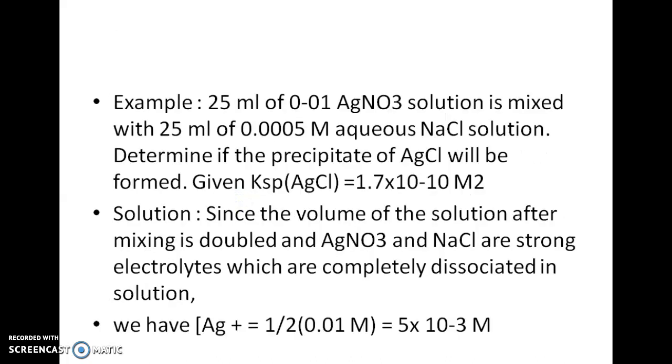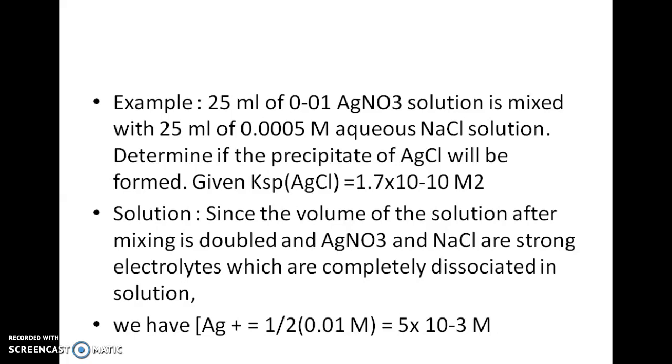Say for example, if we take 25 ml of 0.01 M silver nitrate solution, when mixed with 25 ml of 0.005 M aqueous sodium chloride solution, we can determine if the precipitate of silver chloride will be formed or not. Given the solubility product of silver chloride is equal to 1.7 into 10 raised to minus 10 M squared.